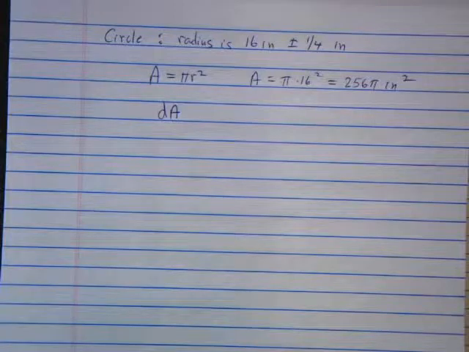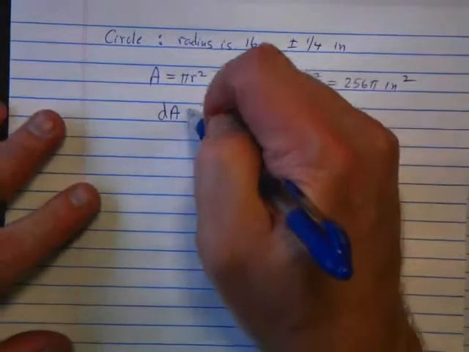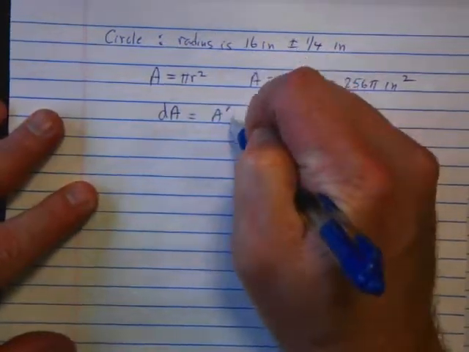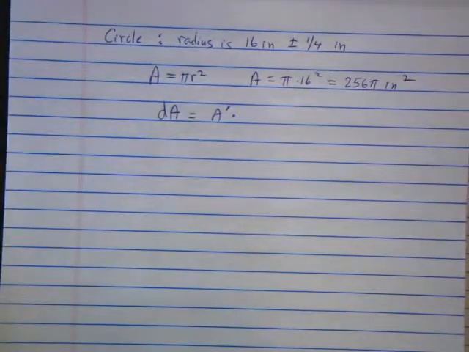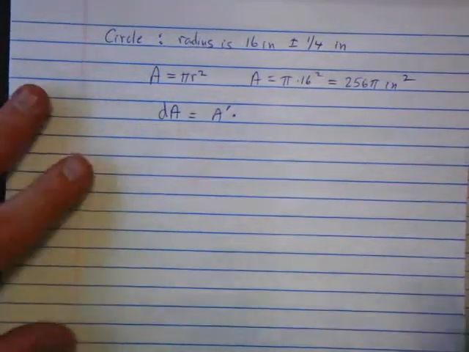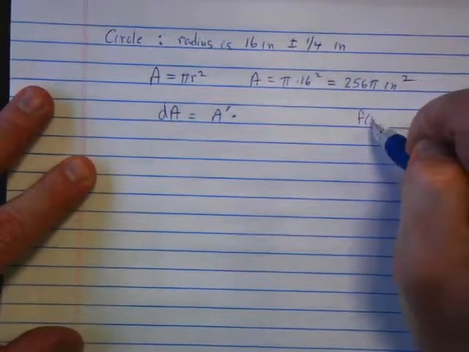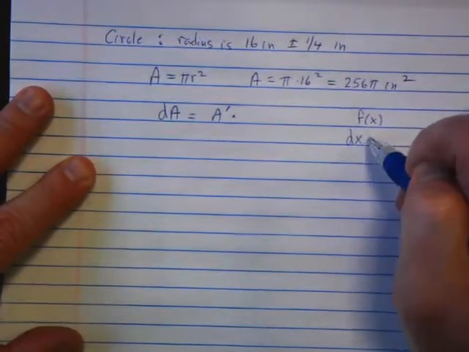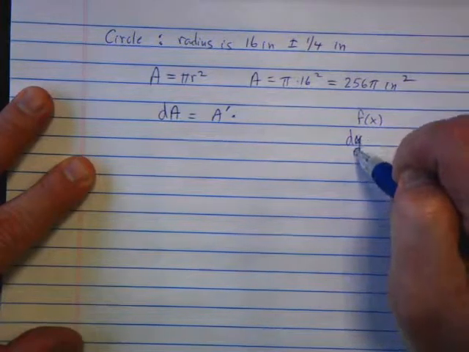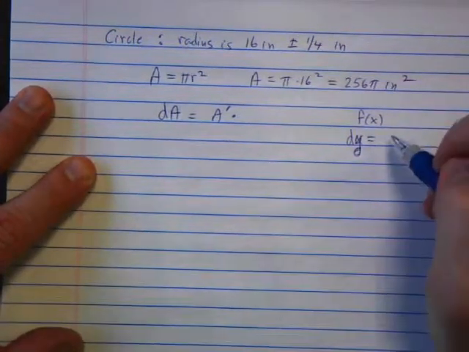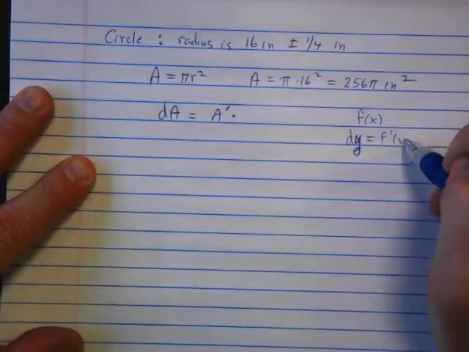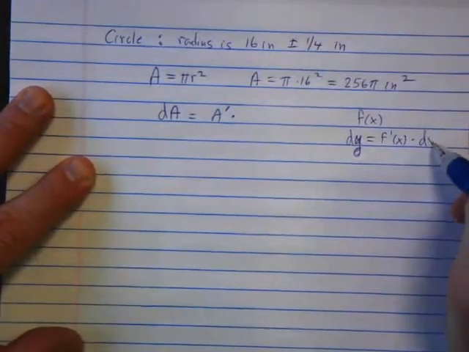How would I find the potential change in the area? What would dA be? It would be the derivative times... just a few minutes ago, when we had some function f of x, how did we find dy? dy was f prime of x times dx.